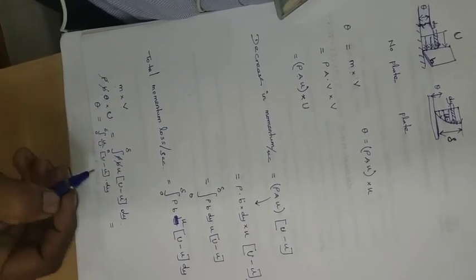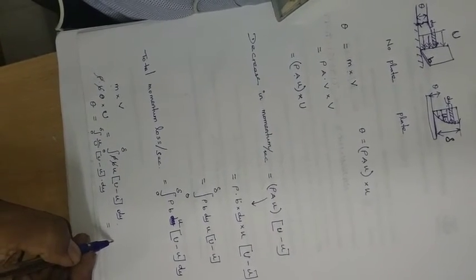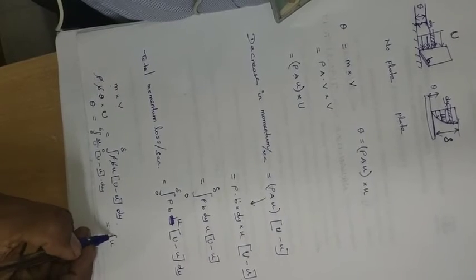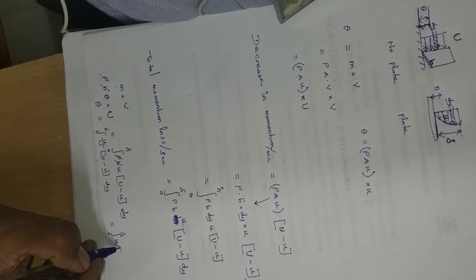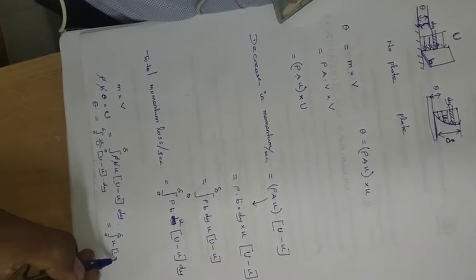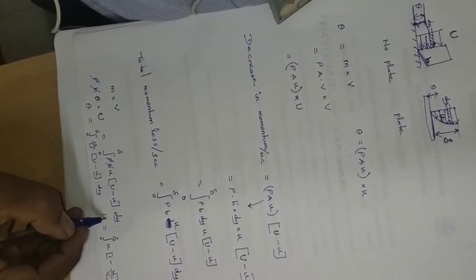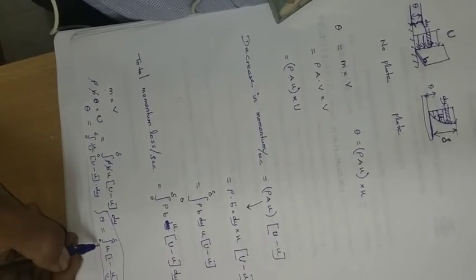And finally, if you bring this capital U outside, your equation will be theta equal to the integral from 0 to delta of (u by U) into (1 minus u by U) dy. So this is your momentum thickness, right? This is your momentum thickness.